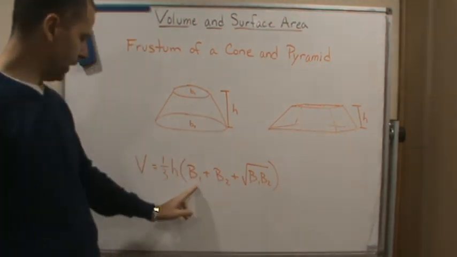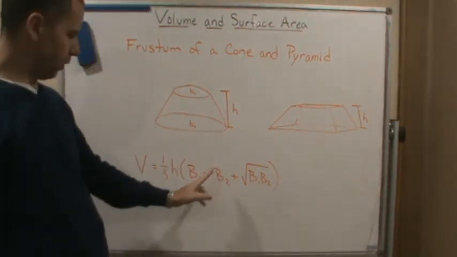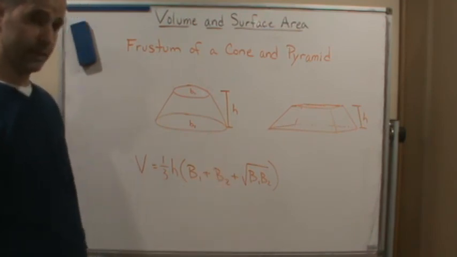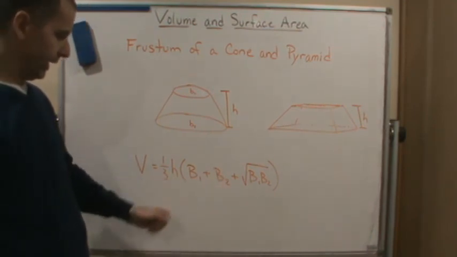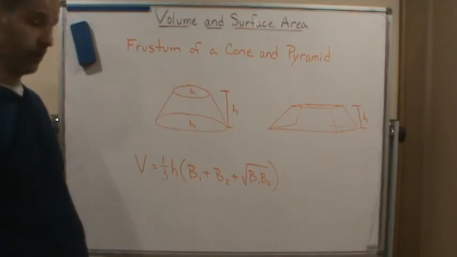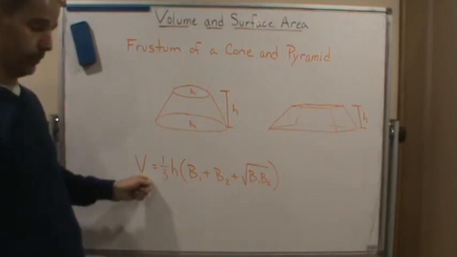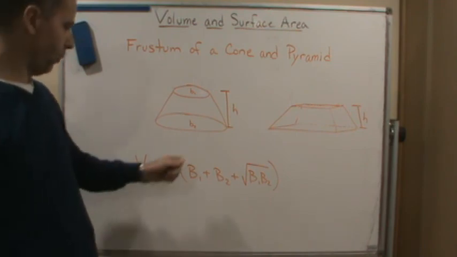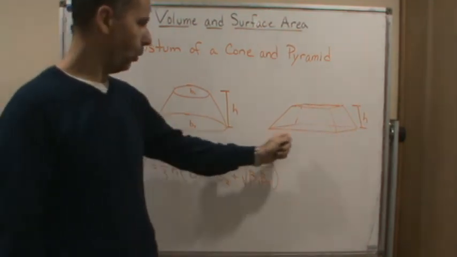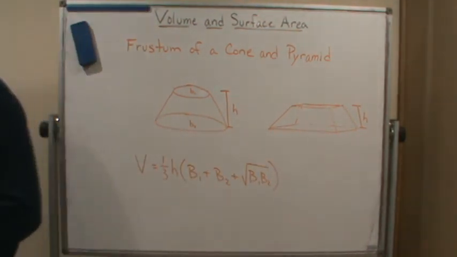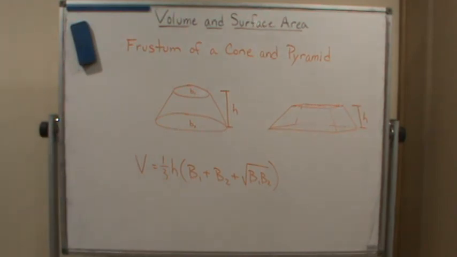So again, B1 represents the area of base 1, B2 represents the area of base 2, and H equals the height of the frustum. Okay? And this is the formula you want to use to calculate the volume of the cone or the pyramid frustum. So now let's do some examples.